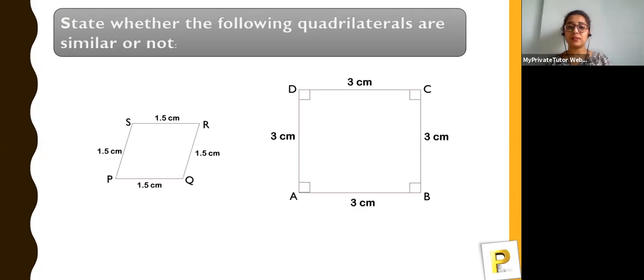The first quadrilateral has 1.5 centimeter on all sides, and the second quadrilateral has 3 centimeter on all sides. For both quadrilaterals, all sides are equal. So tell me, are they similar or not? I just want you to answer yes or no.